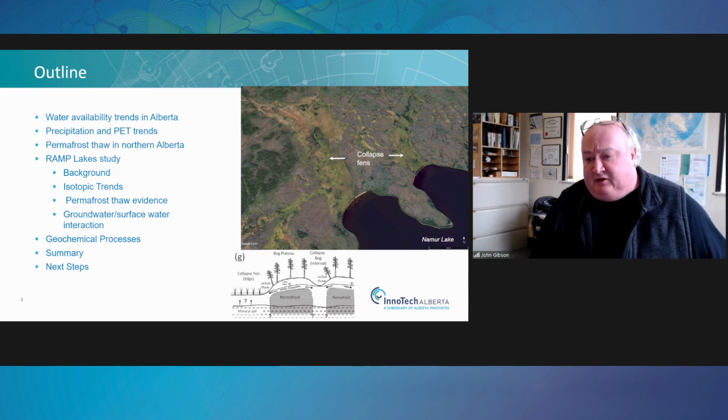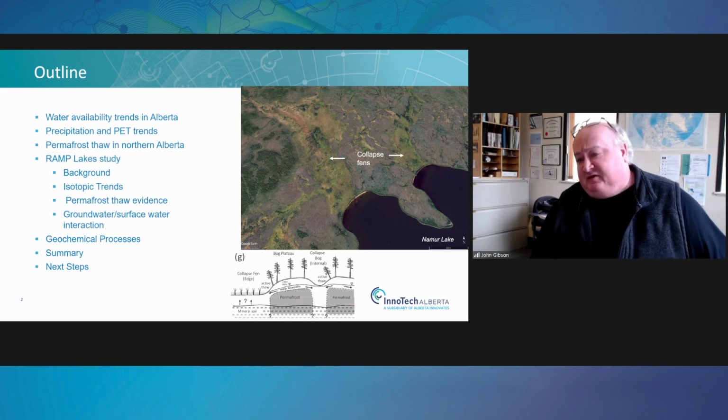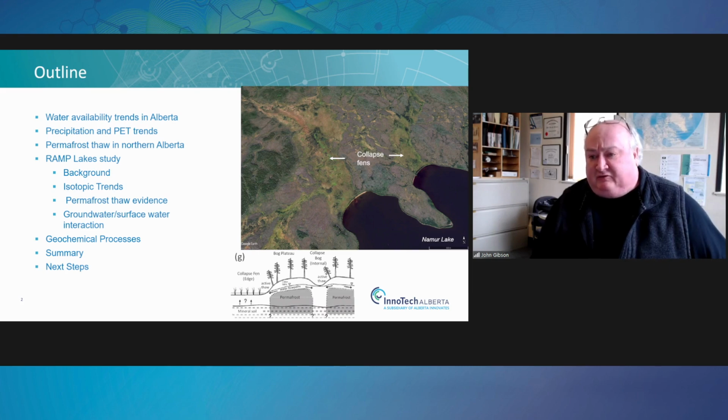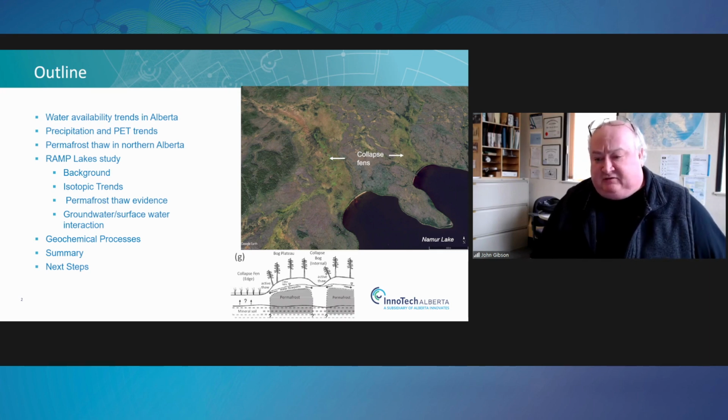This photo here is just from Google Earth, and it shows collapse fens adjacent to Namur Lake, which is in the Birch Mountains. And what is happening here is that it's a bog plateau, as per the cross section at the bottom, which is collapsing.